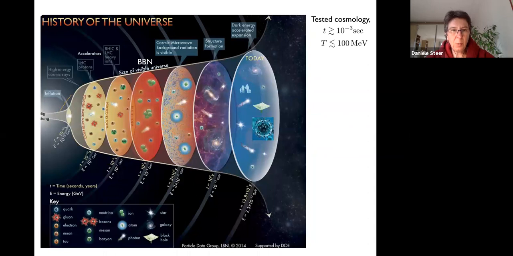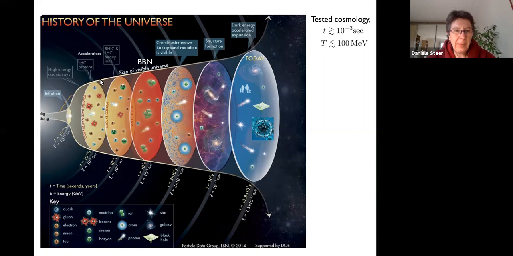Okay, so what stages of the universe are we talking about? Here again is the cartoon of the expansion of the universe from the Big Bang through inflation. Then at these kinds of energy scales of 100-odd GeV, there's the particle physics which is being tested in accelerators.